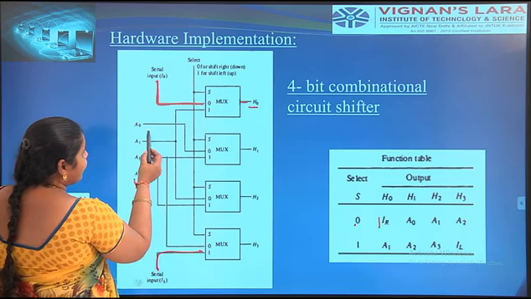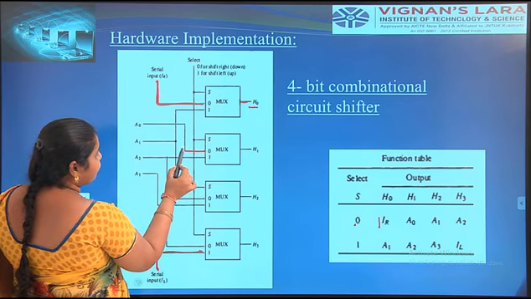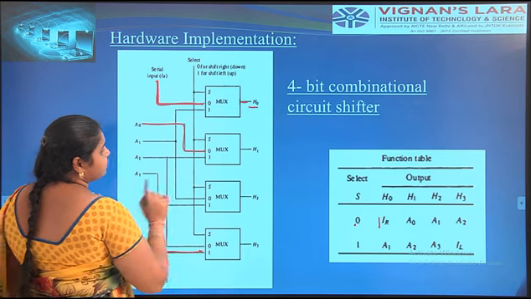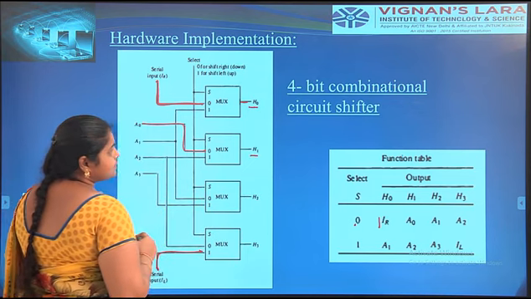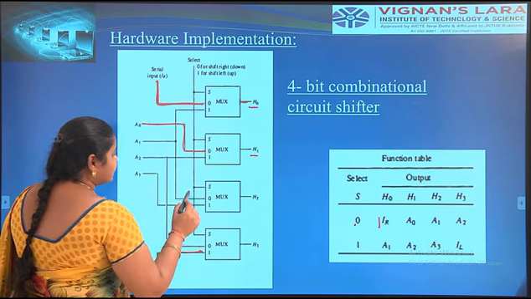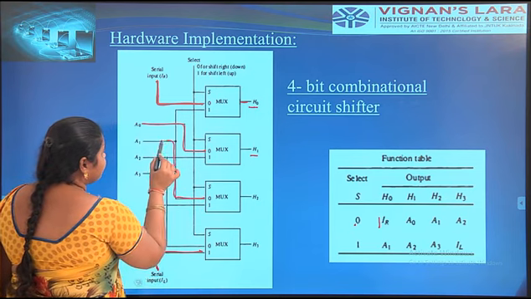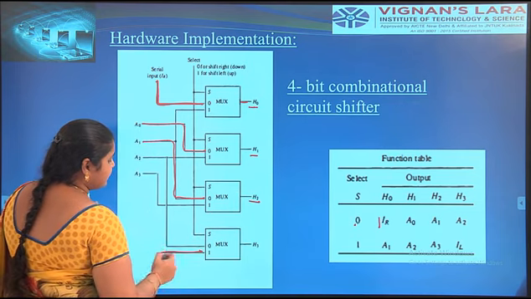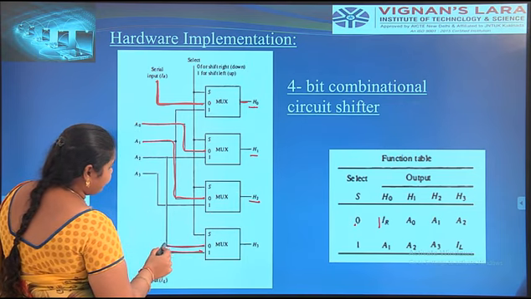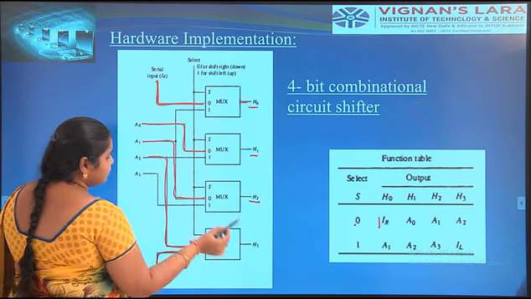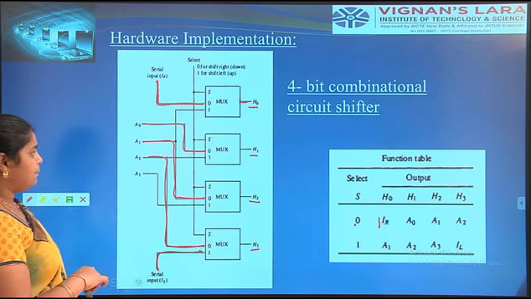Here 0 receives the input from A0. This is the output for the second multiplexer. Next, 0 receives the input from A1. This is the third multiplexer. 0 receives the input from A2. This is the fourth multiplexer.